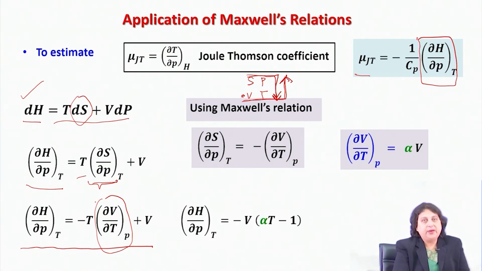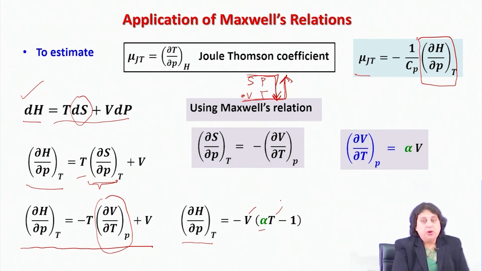And therefore, if I put it back, now I have a relation which says that (del H/del P)_T can be determined if I know what the alpha of the system is, if I know the volume and temperature at which the system is present.